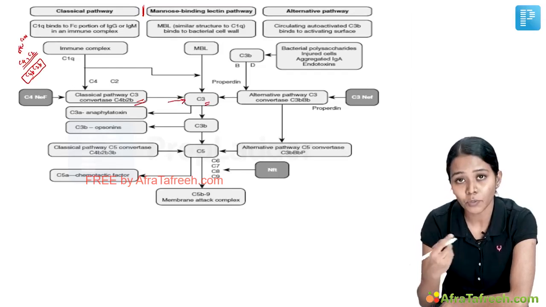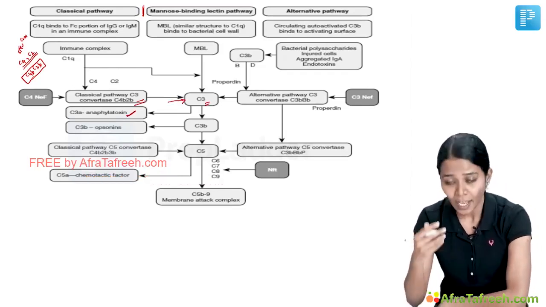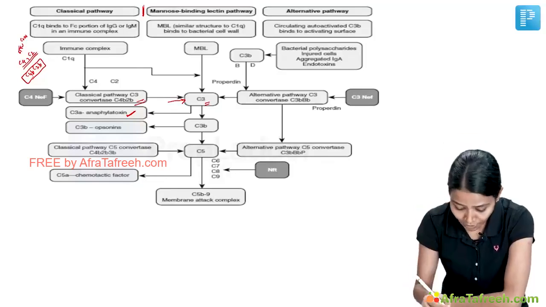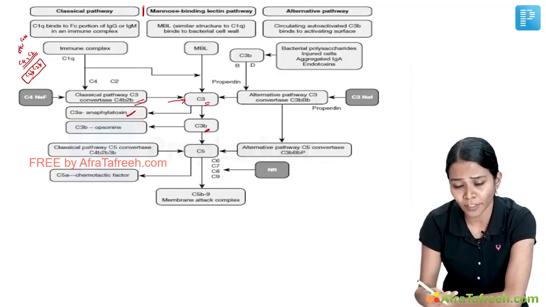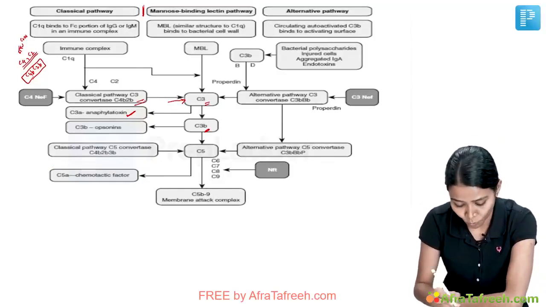C3 will produce two important components. First is C3a, which acts as an anaphylatoxin, and C3b. This C3b is important in activation of C5. C3b has two functions.